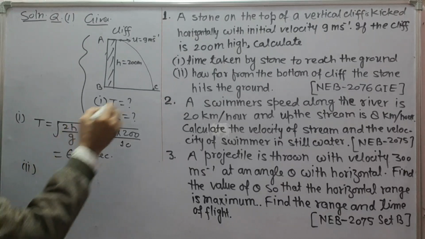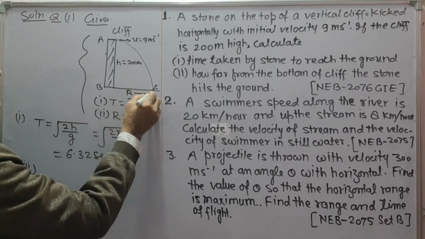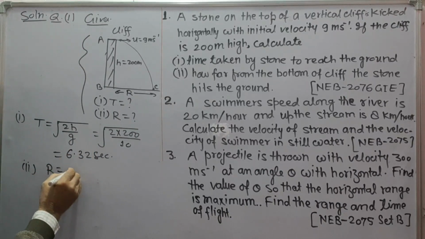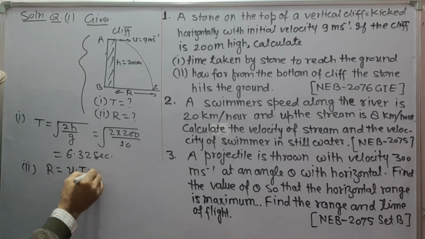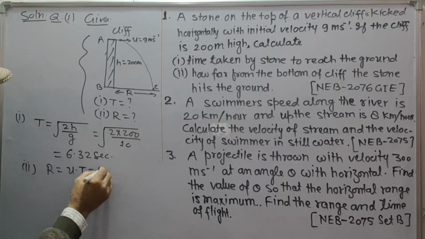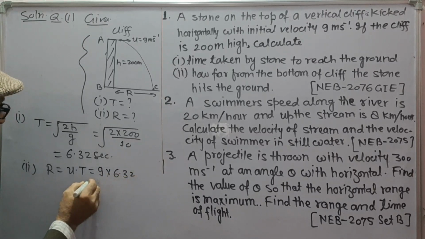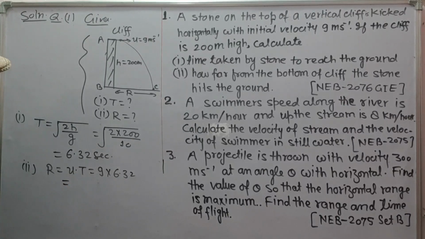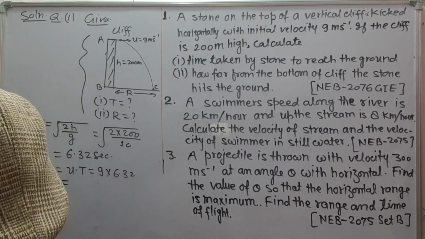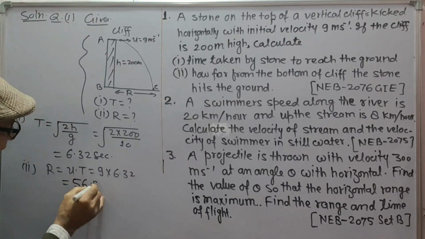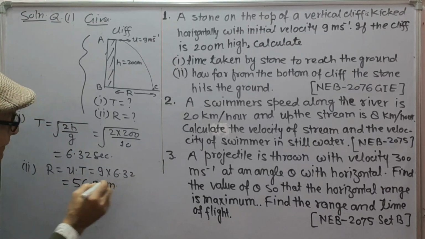Second one, horizontal range will be equal to u into t. U is 9, t is 6.32, so horizontal range will be 56.88 meter.